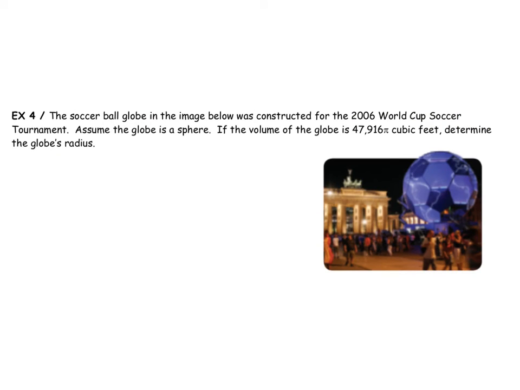In our last example, we're going to be given the volume and asked to solve to find a radius. So we have a soccer ball globe constructed in 2006 for the World Cup soccer tournament. We are assuming that the globe is a sphere, and we are given the volume is 47,916 pi cubic feet, and we are looking for the radius.